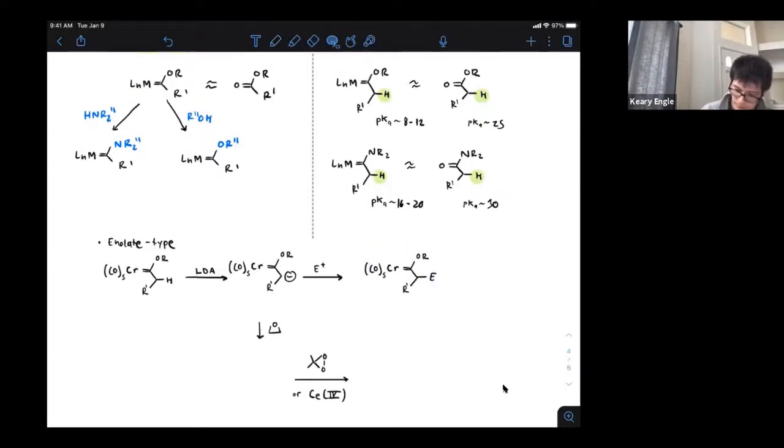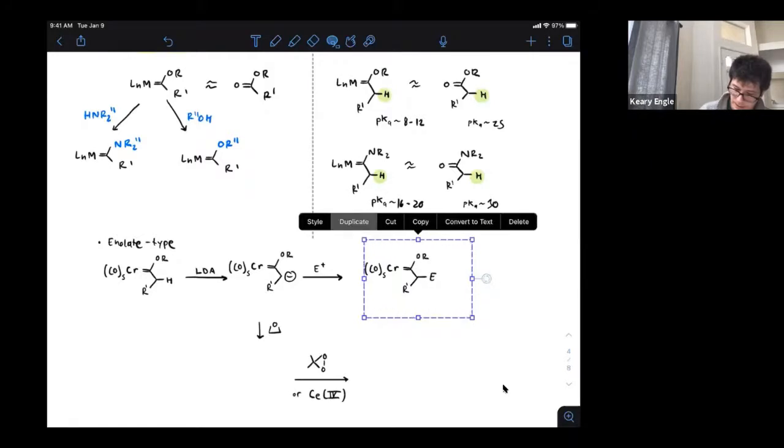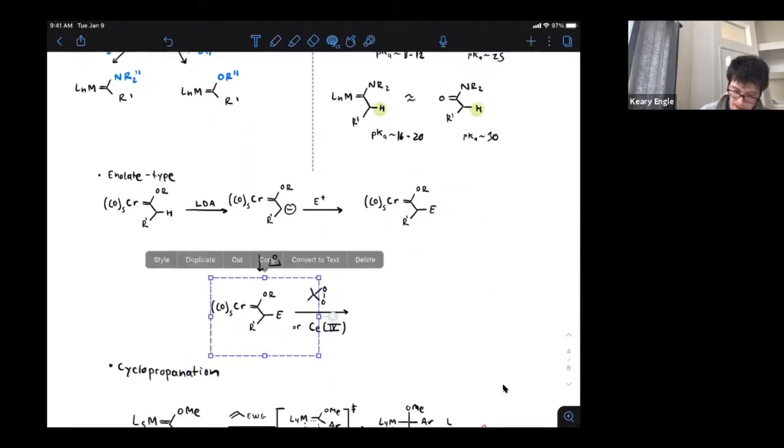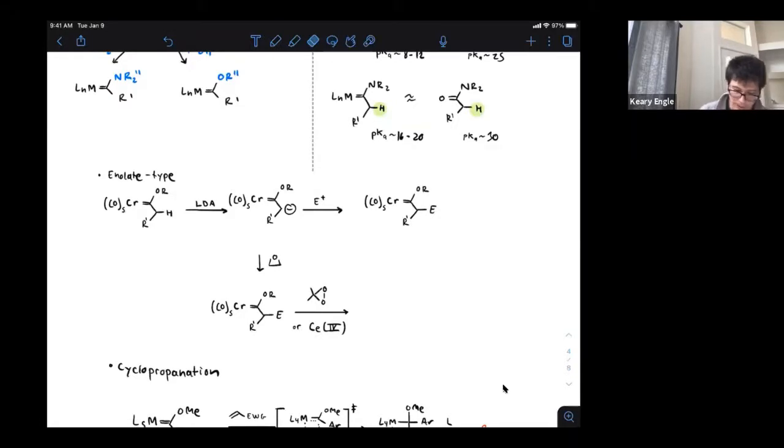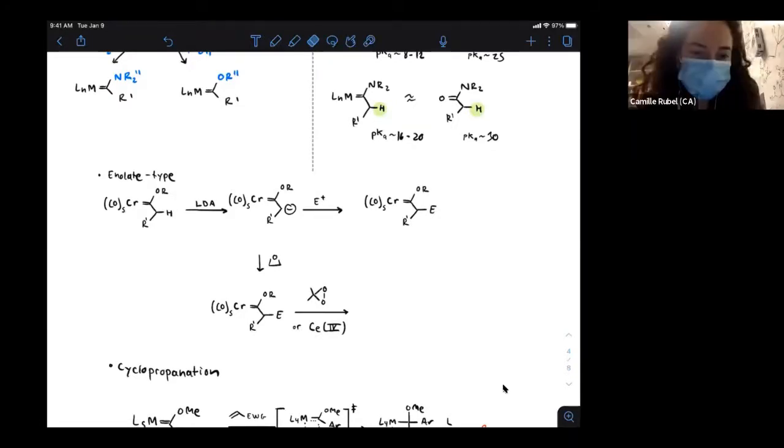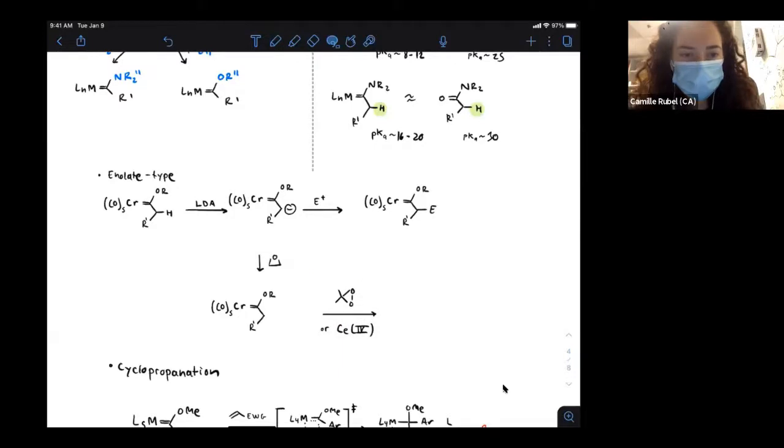Okay, and now in this somewhat more taxing example where the electrophile is an ethylene oxide, what would you expect to happen? I guess you just open the epoxide.